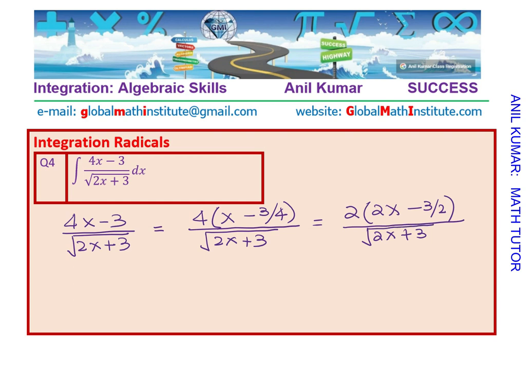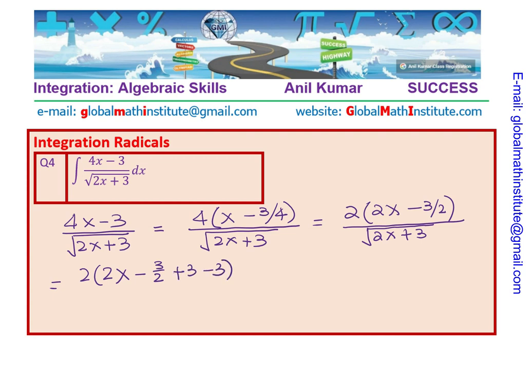But we really want plus 3. We don't want 3 by 2. So now what should you do? You should rewrite this as 2 times 2x. We already have 3 by 2 here, so we'll add 3 and we'll subtract 3.